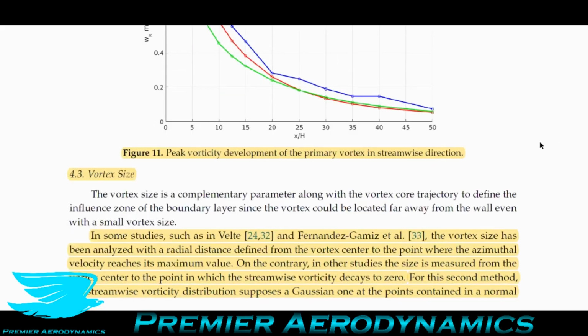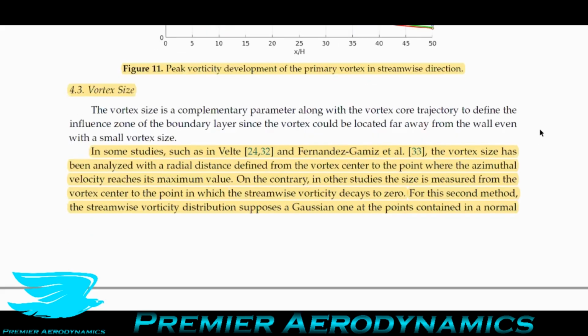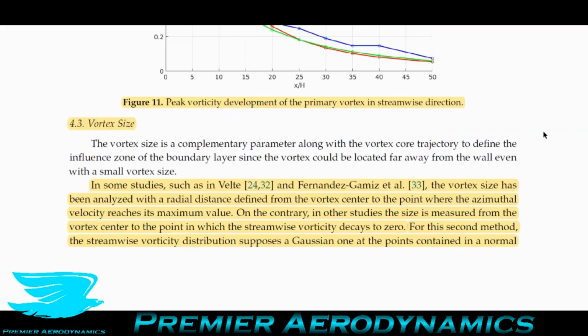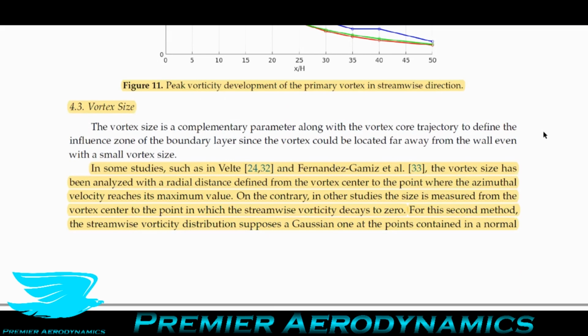Now they move on and they talk about the vortex size, and this is interesting because vortices also do grow in size as they go downstream. So they lose vorticity, they lose their strength, but they grow. And they say in some studies, such as Velter and Fernandez-Gamiz and others, the vortex size has been analyzed with a radial distance defined from the vortex center to the point where the azimuthal velocity reaches its maximum value.